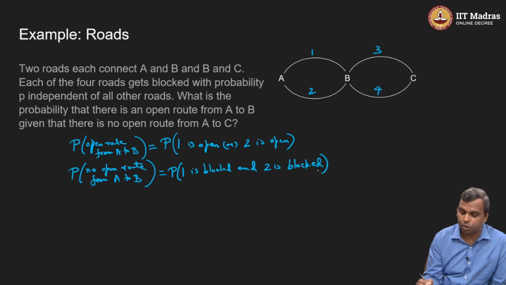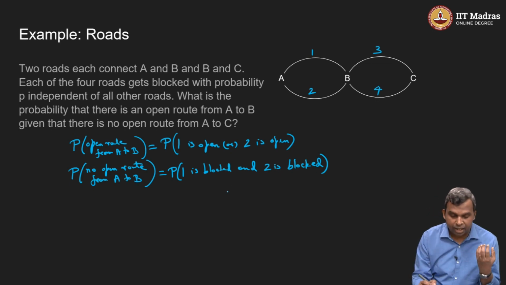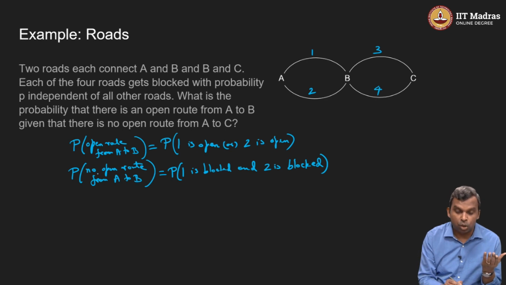This is a trick that you should use in every probability calculation. You see a probability and you see that it's hard to evaluate. What do you do? You try to find its complement. Probability of an open route from A to B, I try to find the complement of that, the probability of no open route from A to B. And you notice here that this becomes very easy. 1 is blocked, 2 is blocked.